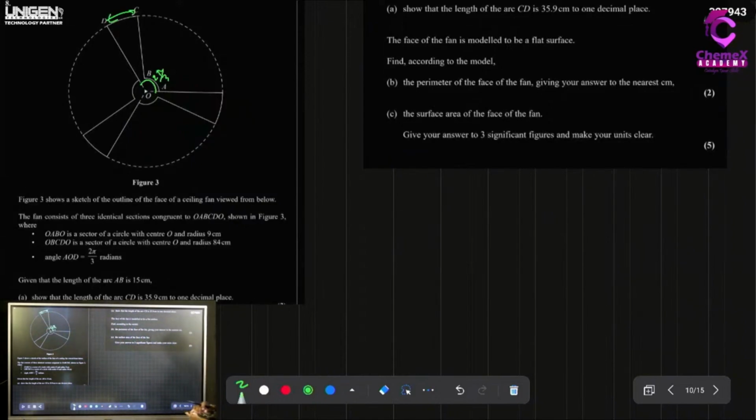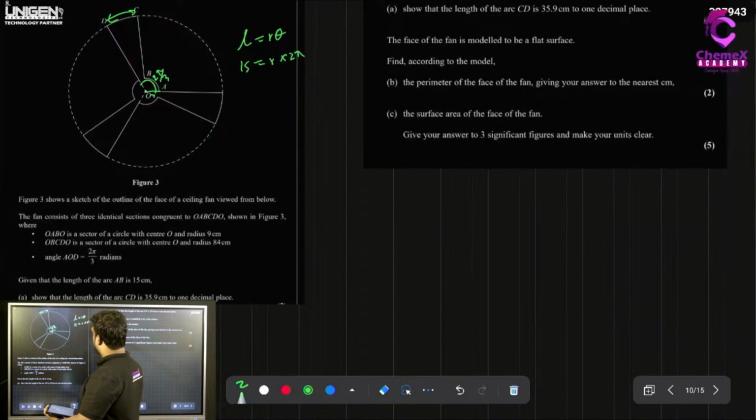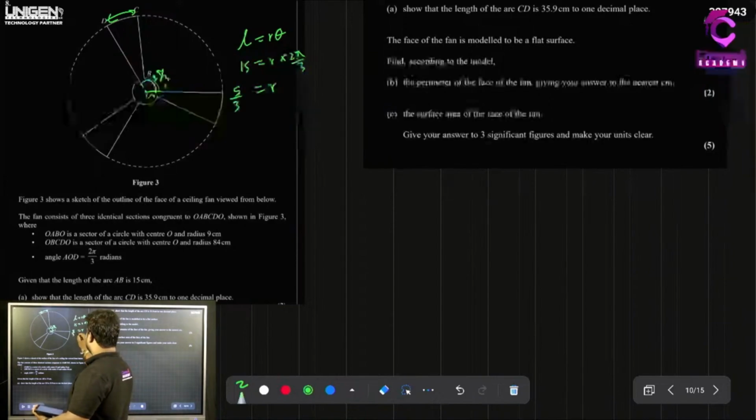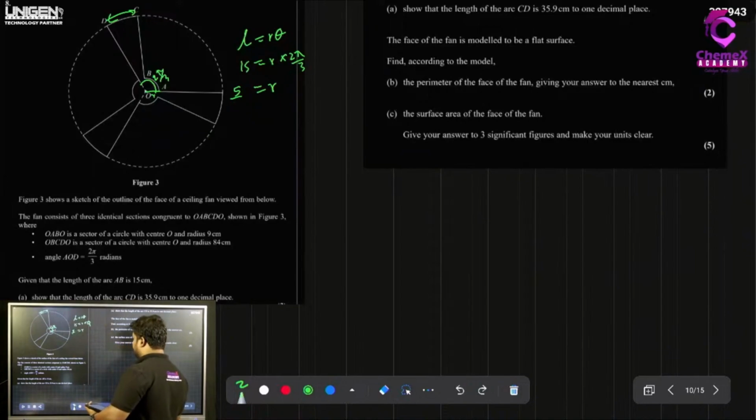Alright. So you can use L equals R theta and find the radius of this OA. That means the OA distance, this radius. So L is 15, equal to R times theta, which is 2 pi over 3. So R is equal to 45 over 2 pi. Yes, theta is equal to 5 over 3.